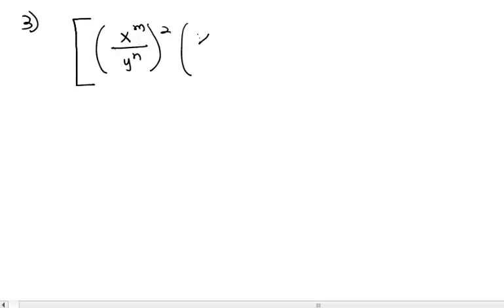Let's try another example. Let's see if we can come up with a couple good ones here as we start to wrap up. We've got x to the m over y to the n squared, times x to the 3m over y to the 2n, to the negative 2 power, and then we're going to cube everything.